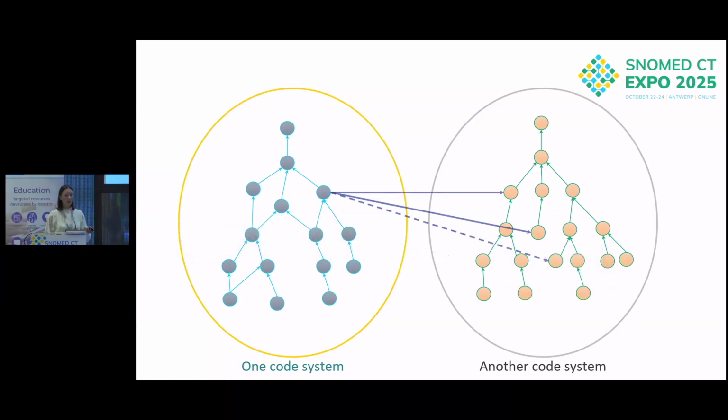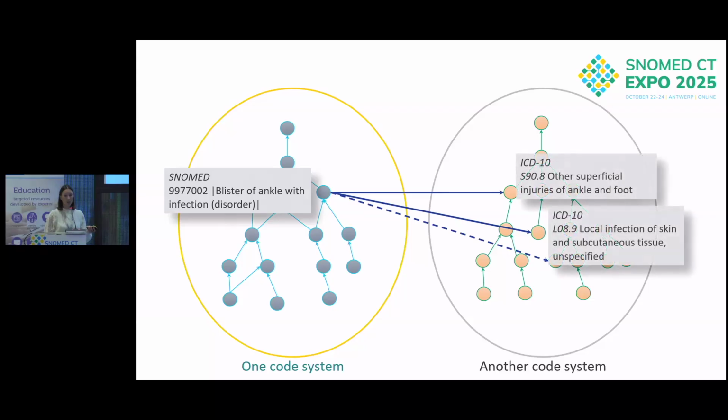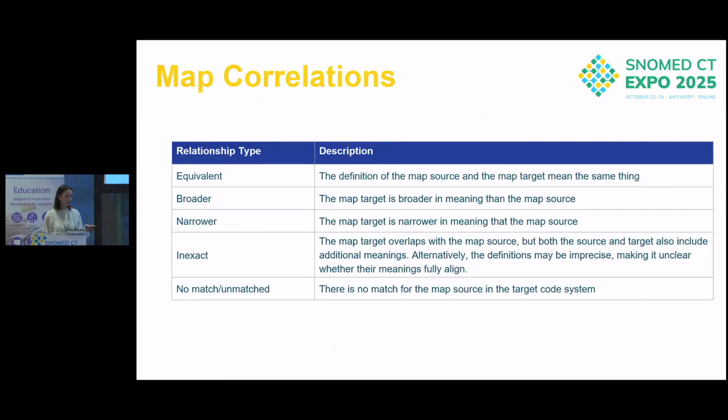But then this is when you might have a one-to-many. We've got blister of ankle with infection in SNOMED CT, but that can go to many ICD-10 codes. To be able to record that same level of information, you've got that one-to-many map. And this is why it is important to decide what you need to do and what the purpose of your map is, like Anna said.